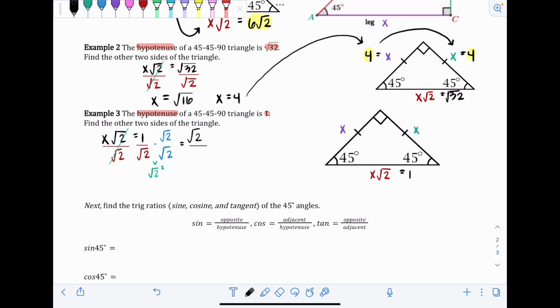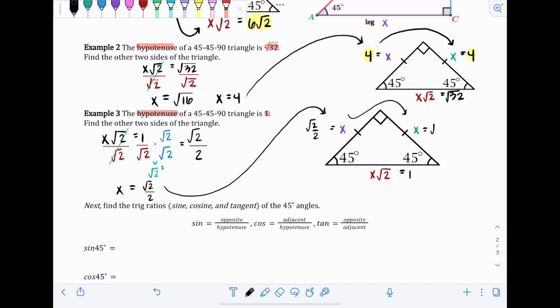The radical and the exponent cancel each other out, so it would just be regular 2. The numerator is in a radical, the denominator is not, so we leave it as is, and that's as simplified as we can go. So we would have x equals the square root of 2 over 2. And that is the same thing as this x, and the same thing as this x over here. So both legs would be root 2 over 2.